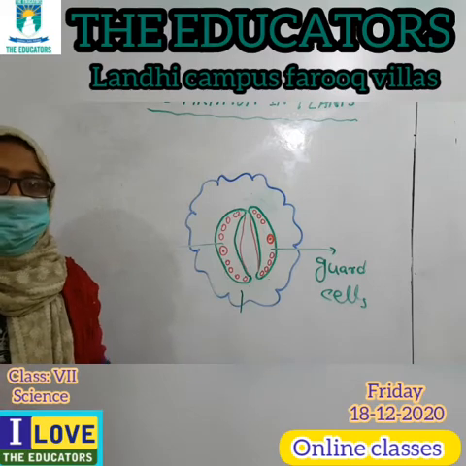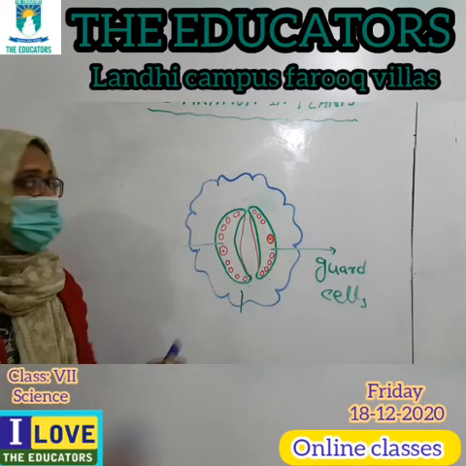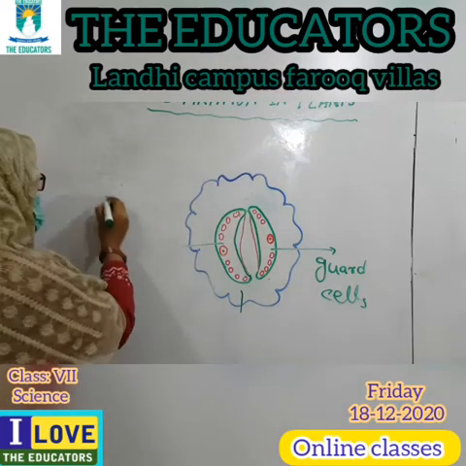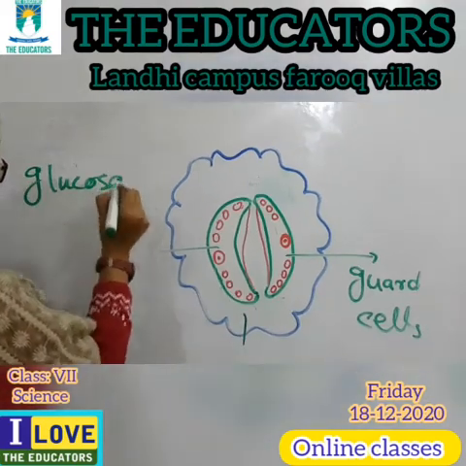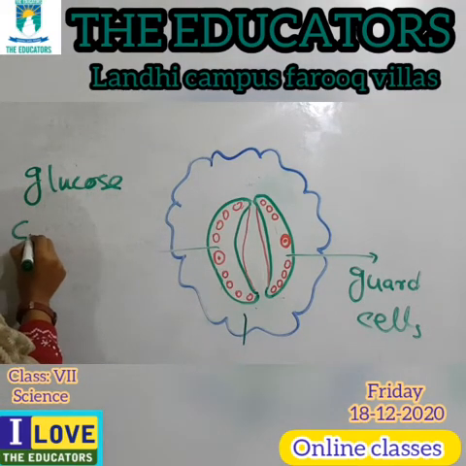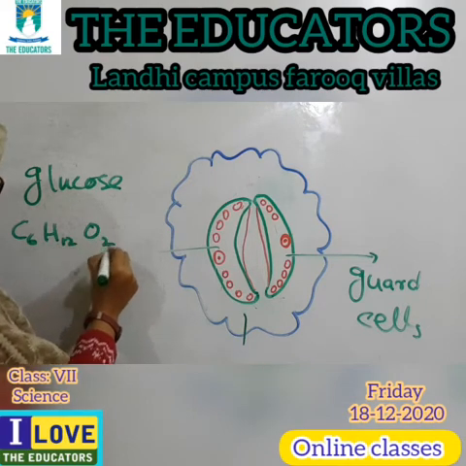Now you may know that in the process of photosynthesis, food is made in the plant in the form of glucose. And the formula of glucose is C6H12O6.